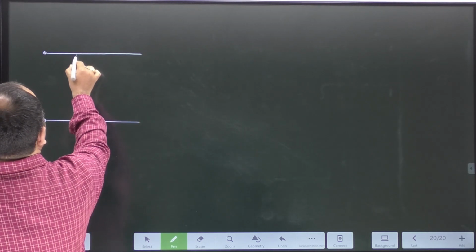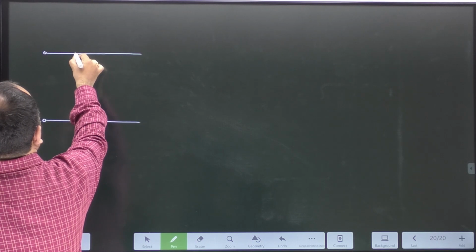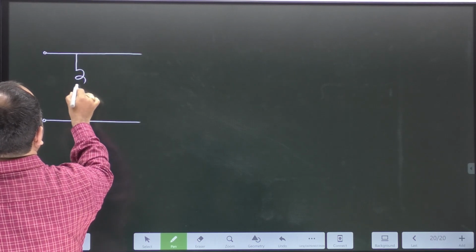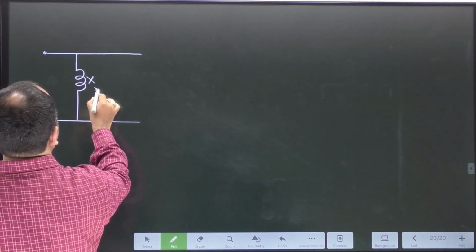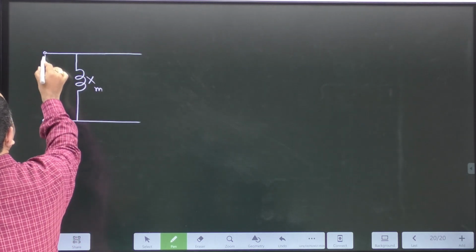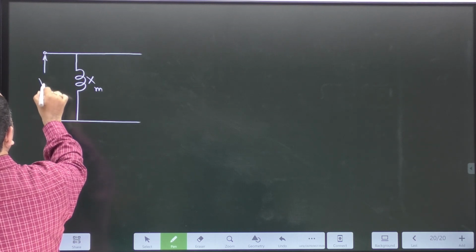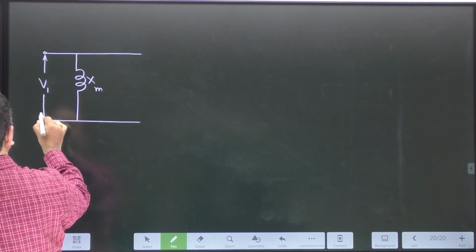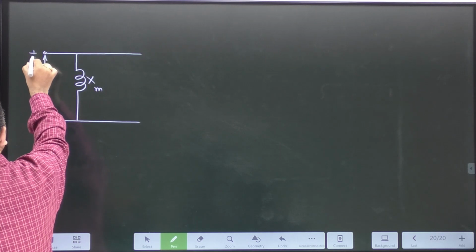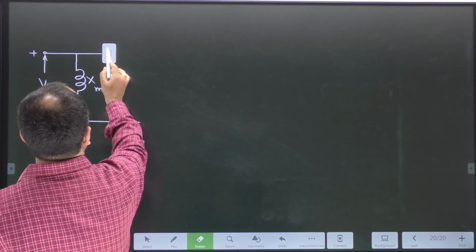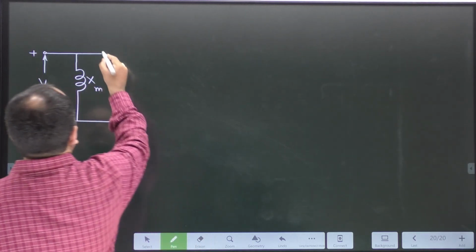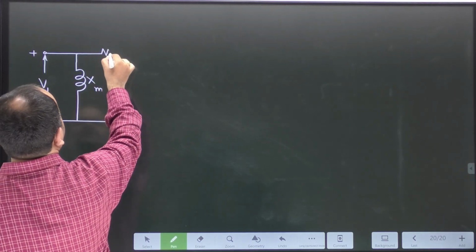I just moved this magnetizing inductance branch before the stator impedance with a little bit compromising on the accuracy, not much, like this. Okay, now rest of the circuit analysis is same.